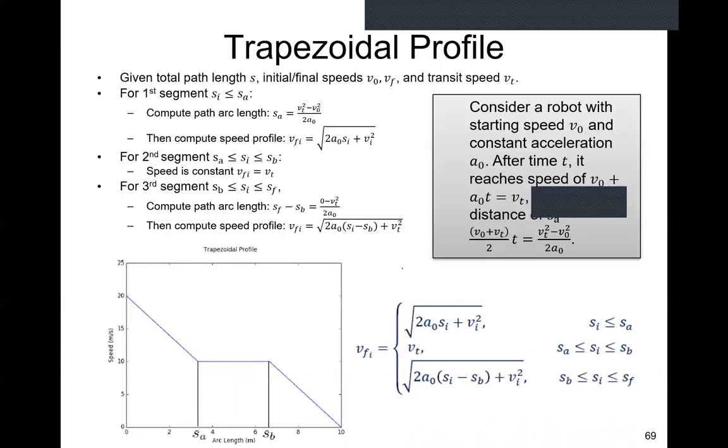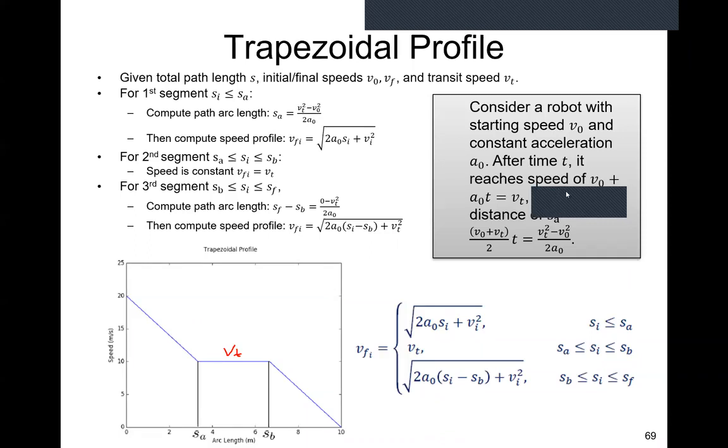This is derived from this equation. For the trapezoidal profile, you divide the path into 3 segments. The first is a constant deceleration, where you are trying to decelerate from a velocity v0 to vt, the transit speed.